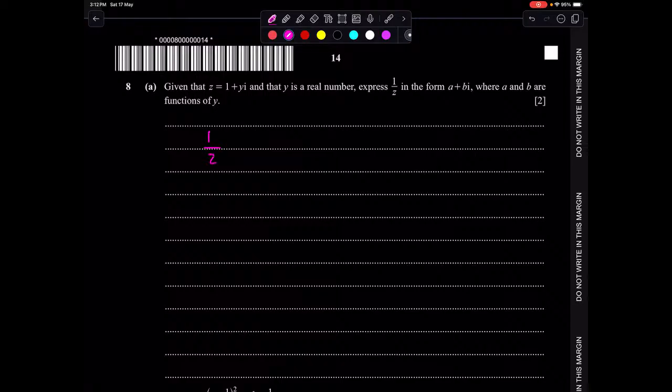Therefore, 1 upon z is 1 upon 1 plus yi and do rationalization simultaneously. 1 minus yi, 1 minus yi. So we have 1 minus yi in numerator, and in denominator we will get 1 plus y square. How?